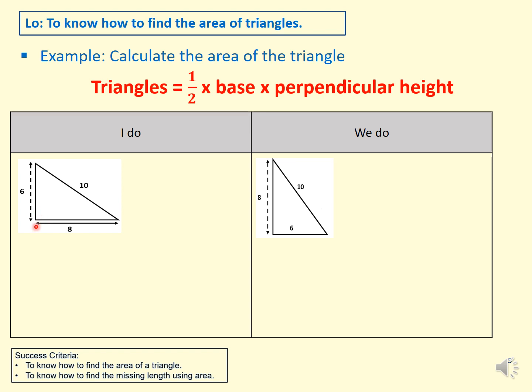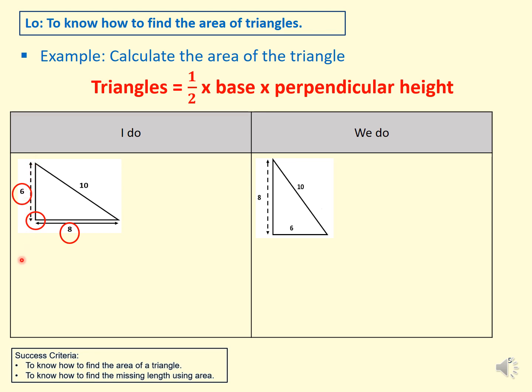So that's why I only use 6 and 8. This is the right angle in here, so I need to only use 6 and 8. One of them is base, one of them is perpendicular height.